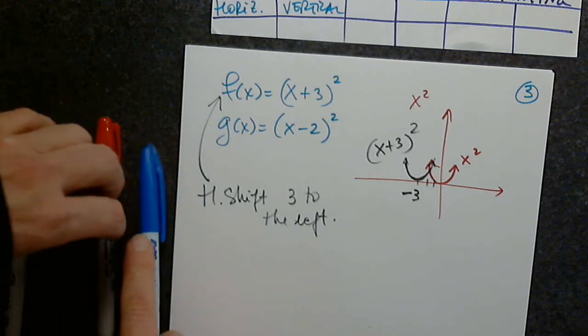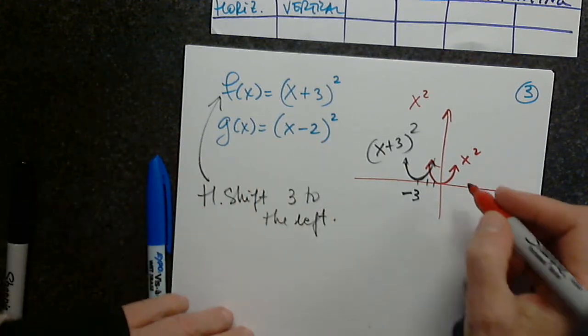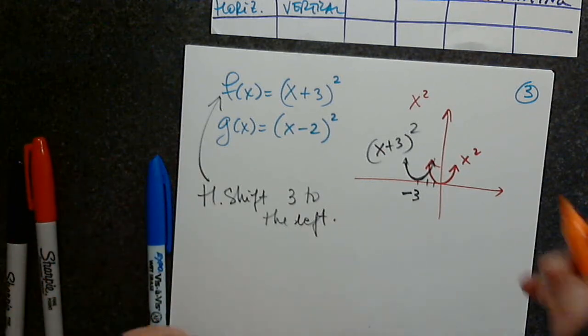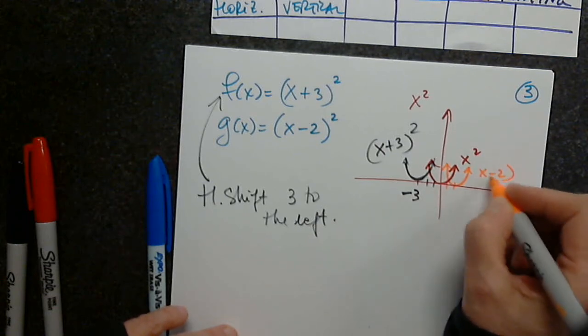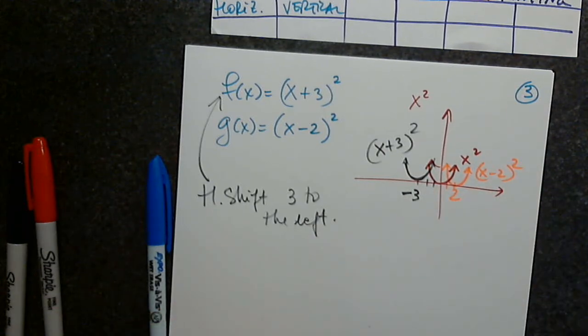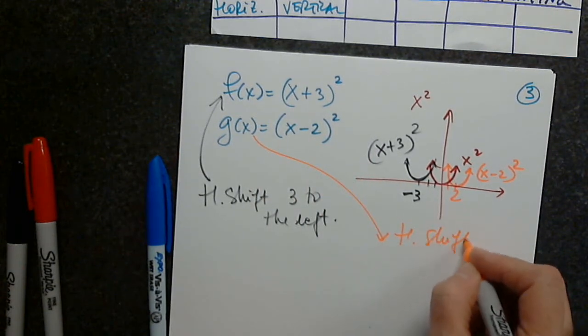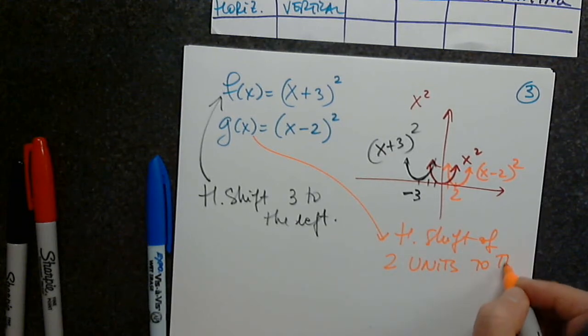Do we all agree with 2? 2 minus 2 is 0. So this is a horizontal shift of 2 to the right. So this is x minus 2 squared. So function g is a horizontal shift of 2 units to the right.